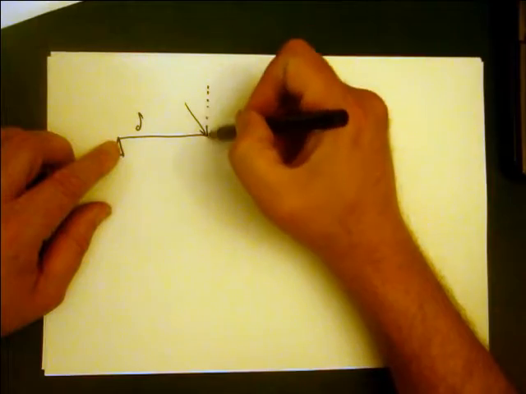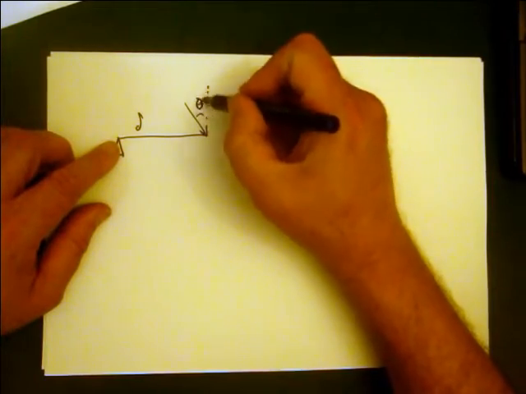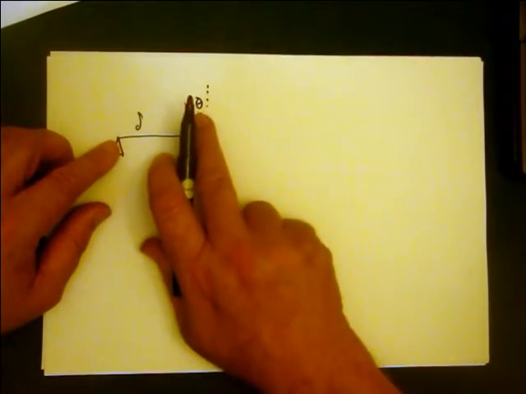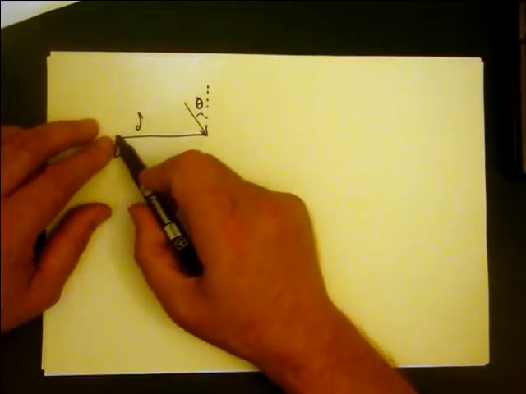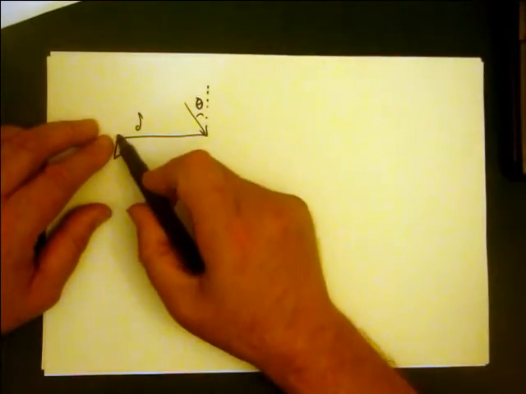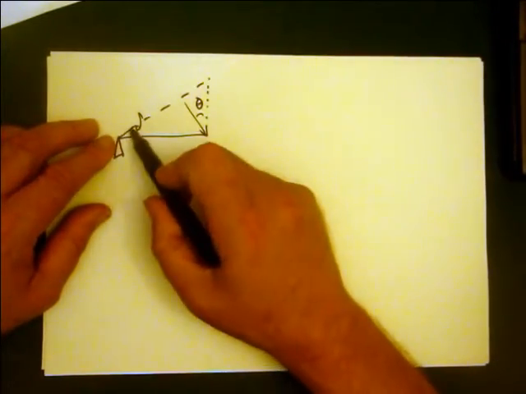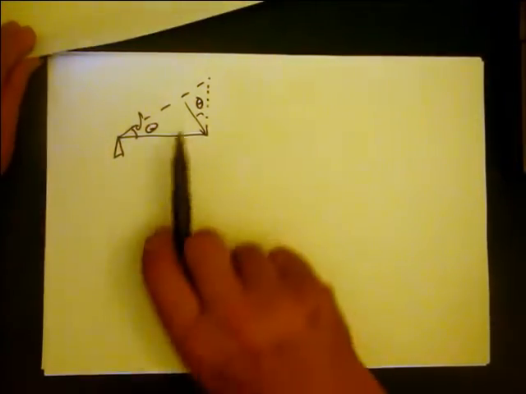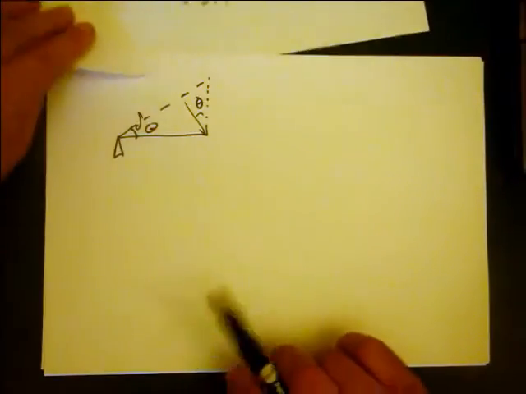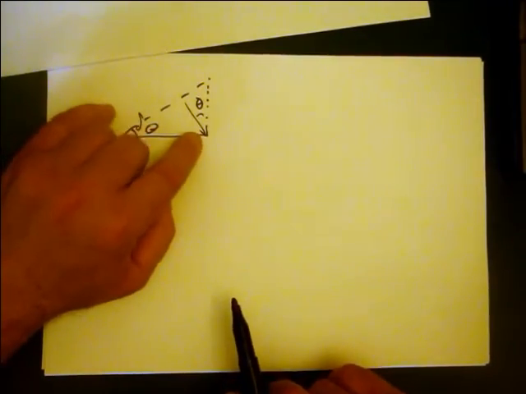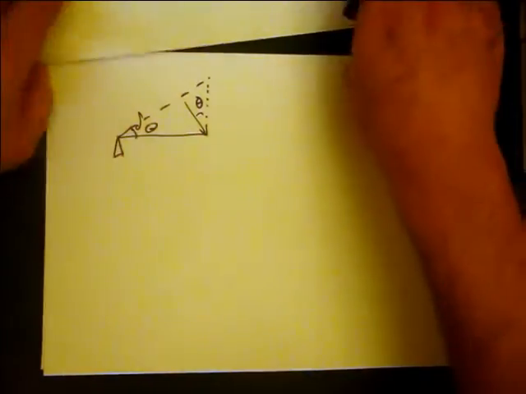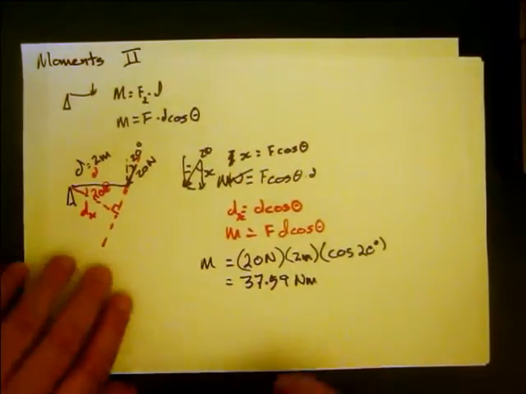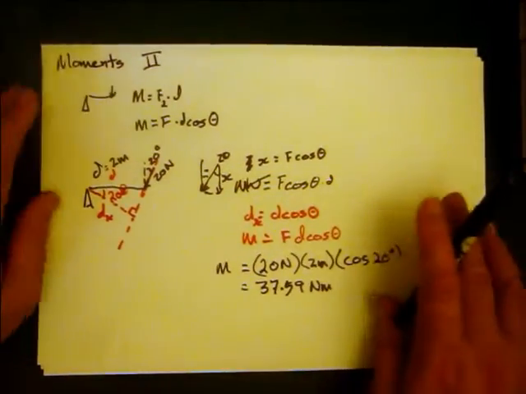Remember, we want to do it as perpendicular. Theta is either going to be the angle away from the perpendicular, well, it's always going to be the angle away from the perpendicular, even here. So what happens here is if we basically measure the angle of the force from the perpendicular, and we add that cos theta term, it's always going to be accurate.